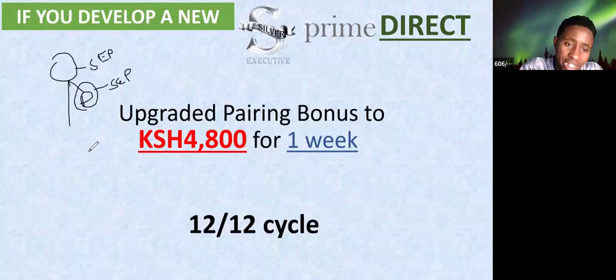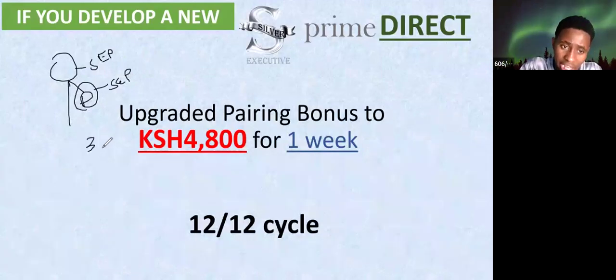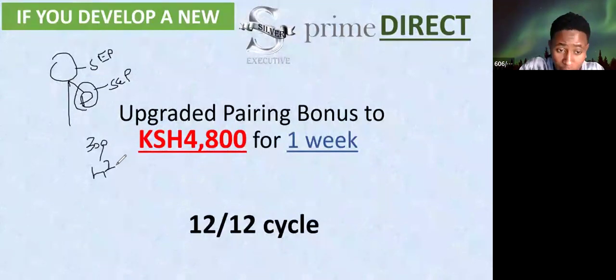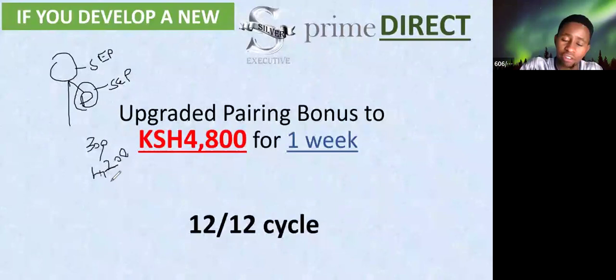If you had already hit 300 pairs, remember, after 300 pairs you start earning 4,200 every pair. Do you remember from our first part us saying that?